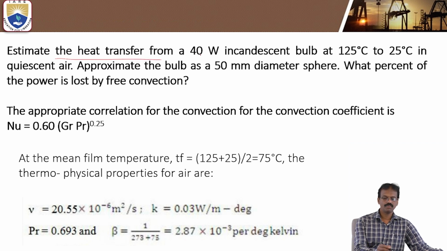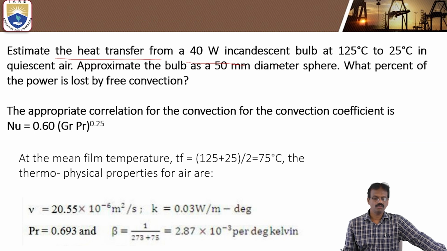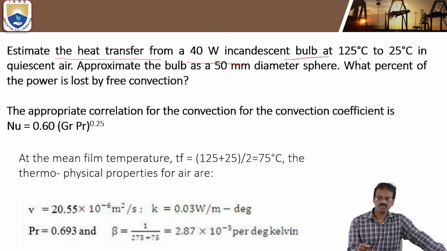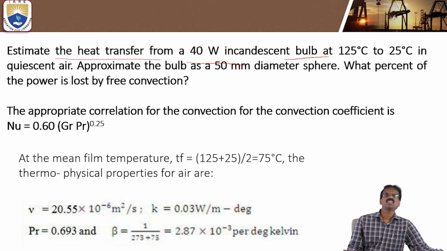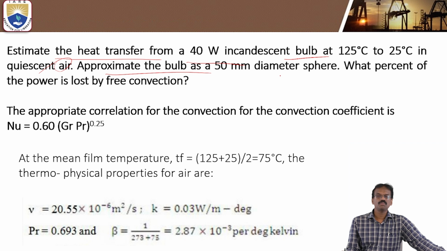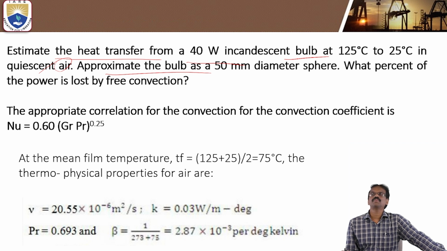Estimate the heat transfer from a 40 watt filament to the bulb, at a temperature of 125 degrees Celsius to 25 degrees Celsius in quiescent air. Approximate the bulb as a 50 diameter sphere.